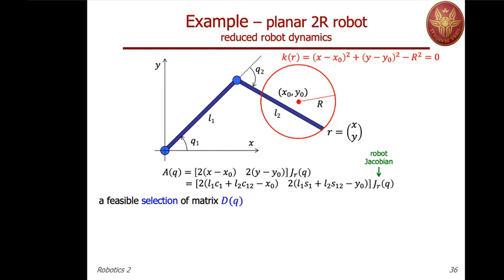And now the reduced dynamics require a feasible selection for a matrix D, so a 1 by 2 matrix, which stacked below the matrix A will give a non-singular matrix to be inverted.